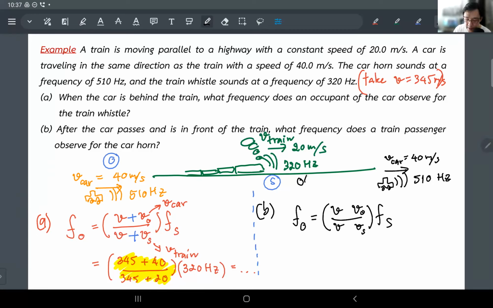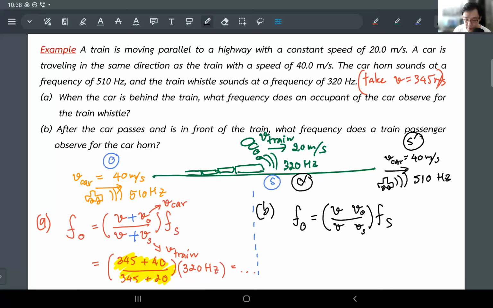So let me put a prime on it so it's separate between part A and part B. So the observer for the second part is now the train. And for the source, let me put a prime in here. That is the passenger in the car.